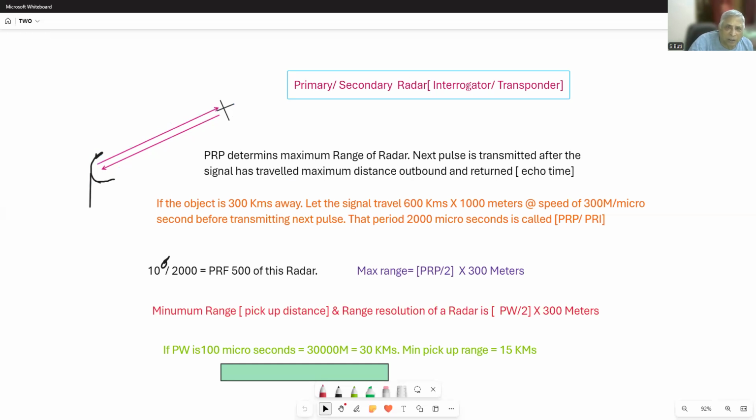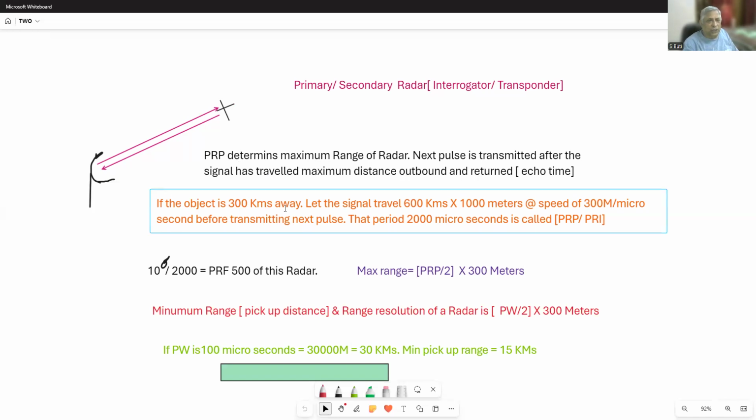The transmitter which sends out the pulse is called the interrogator, and the reply is sent back by the object, and this transmitter is called the transponder. In the case of the ground radar, which is surveillance radar, the ground sends the interrogation signal. In the case of distance measuring equipment, the aircraft sends the interrogation signal and the ground DME equipment replies back. Well, that will be reading in theory.